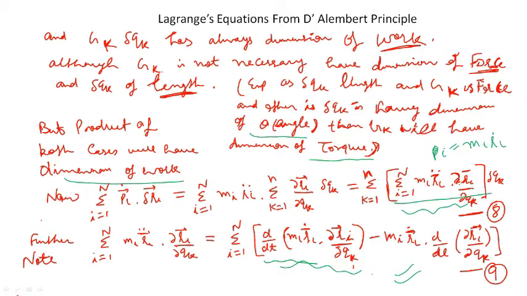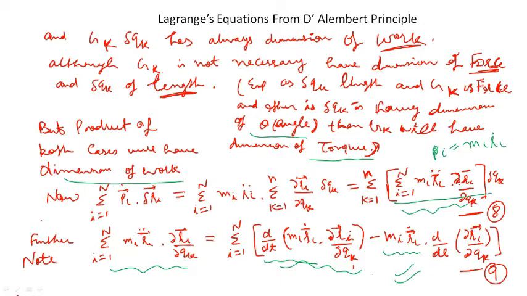Now if I differentiate this, you see that it will give the differentiation of the first, which will be mi ri double dot, and the second as it is. Then I will write the first term as it is. So our first term is mi ri dot and the differentiation of the second, so it will be d over dt del ri over del qk.